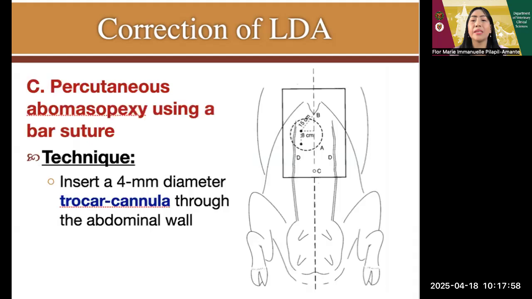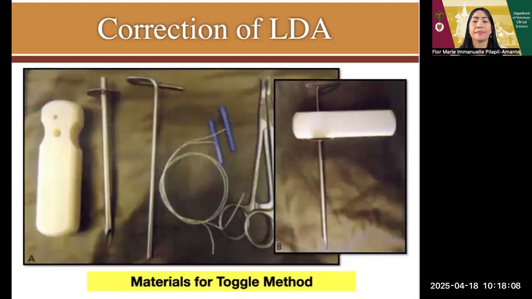Insert a 4 millimeter diameter trocar cannula through the abdominal wall at the right side of the ventral midline near the xiphoid. And these are the materials for the toggle method. And I actually have the same equipment right here. And the brand name for this one is Jorvet.